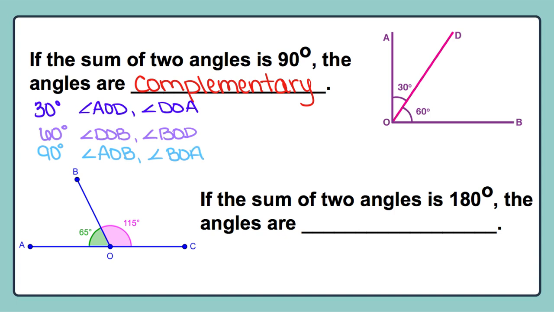If you notice, what can I not name any of these angles, Charlie? O. I can't name them O. Every one of them shares the same vertex. So if I said, Miriam, find me angle O, well, it could be the 30-degree angle, the 60-degree angle, or the 90-degree angle.